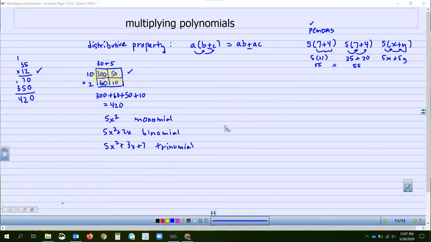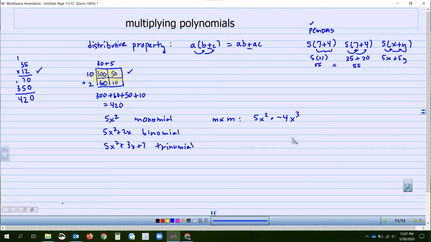So let's start off first with a monomial times a monomial. All right, so I'm going to put m times m for monomial times monomial. So I'm going to use that same one, 5x squared times, and let's do negative 4x to the third.